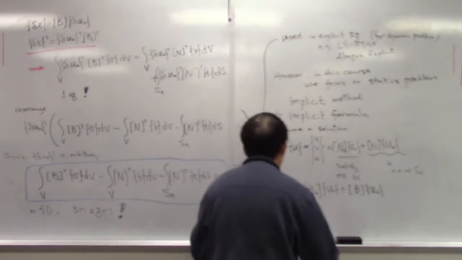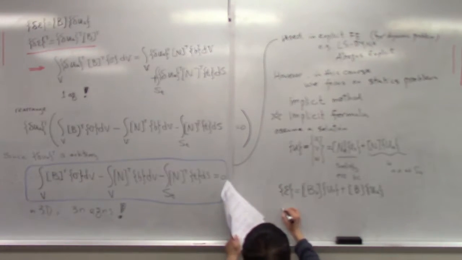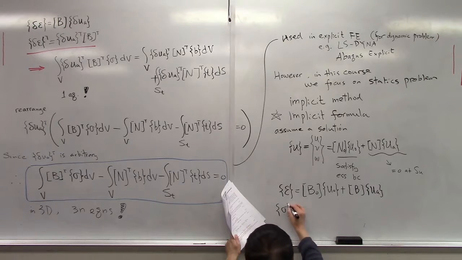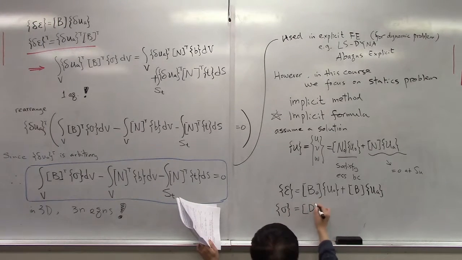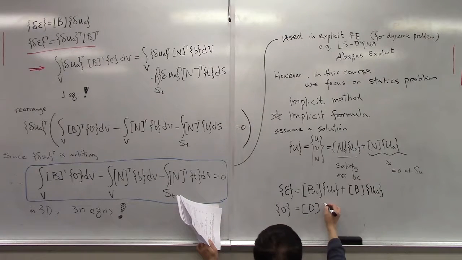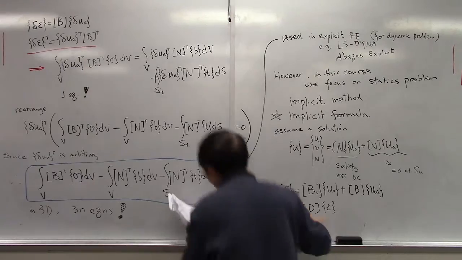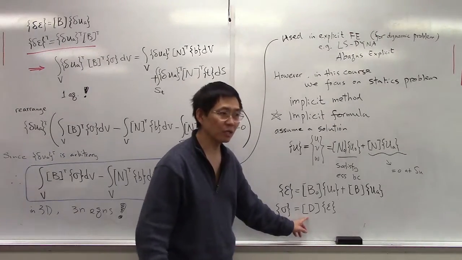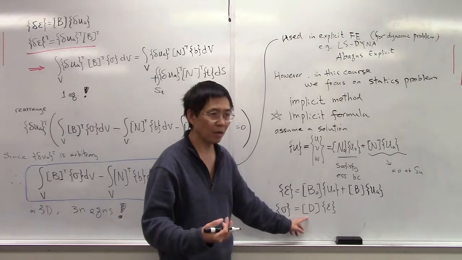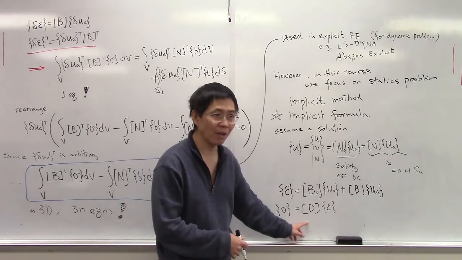And then the stress is equal to the material stiffness matrix, D, times epsilon here. Okay? This is the elastic material stiffness matrix, and we spent one lecture last time to talk about that.